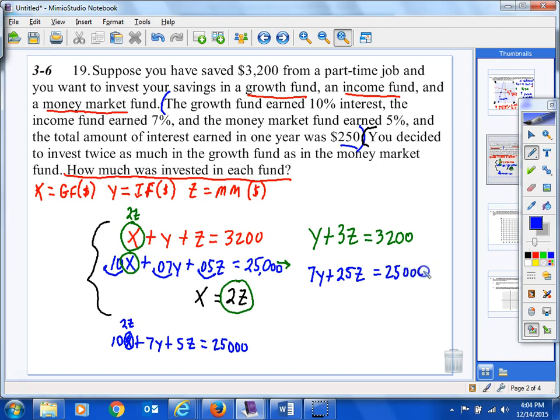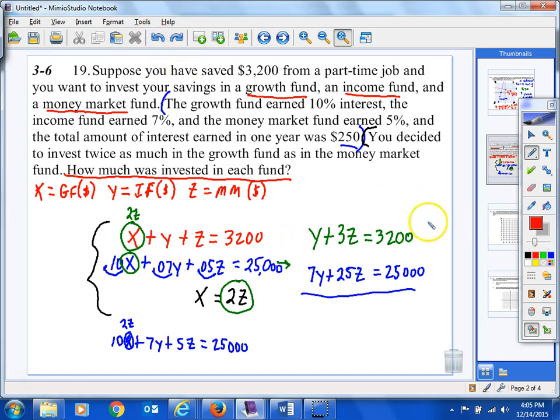All right. And now we have a system of 2 variables. We had 3 variables, now we're down to 2 variables, and we can use elimination. So let's see, I'm going to eliminate y. And the best way to do that is to multiply by -7 on the top equation.